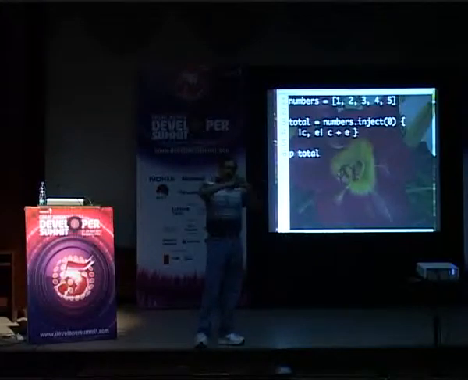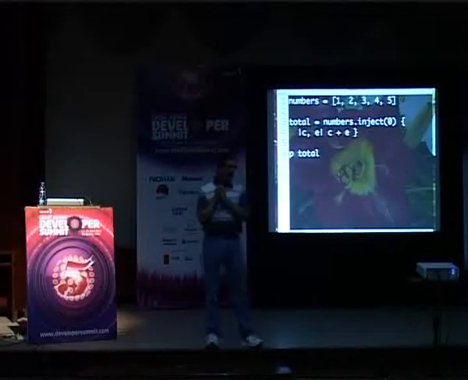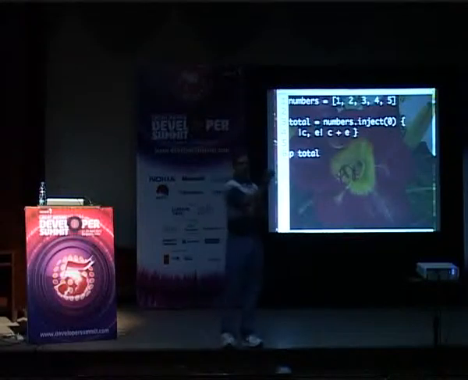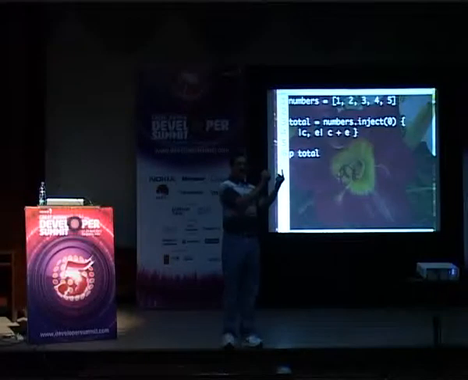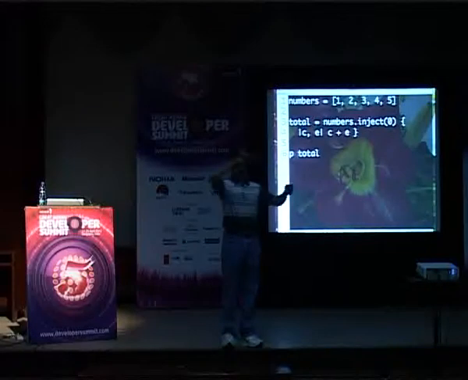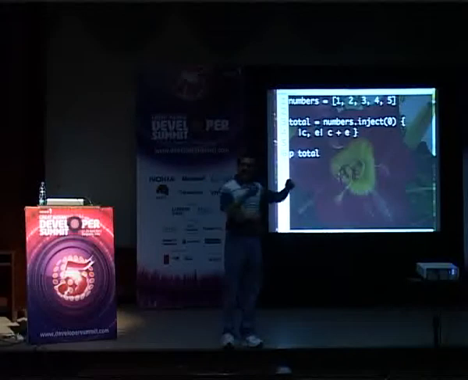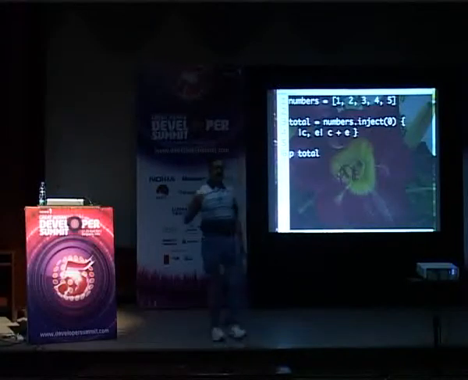It totals these two values, returns it, and inject takes the result value, binds the result to the variable C on the next call, binds E to the second element in the collection, lets it process, and then sends it back. So it kind of chains the results until the last element gets exhausted and the result is given back to you.